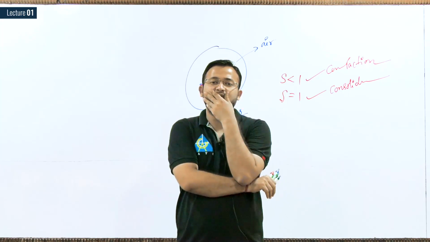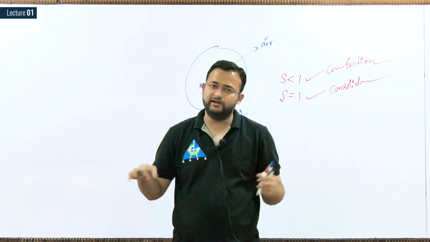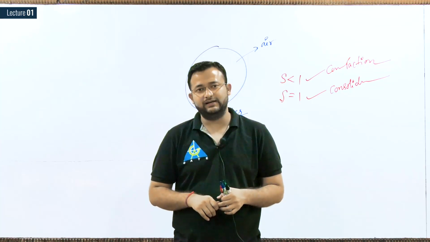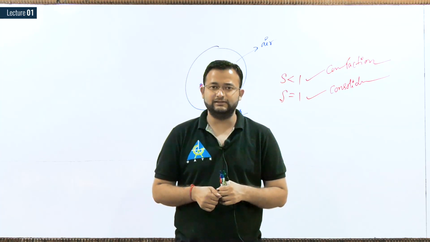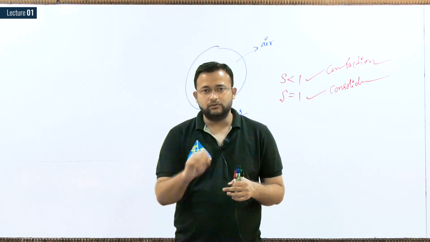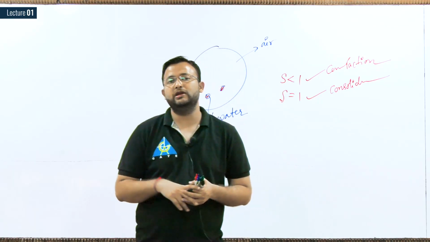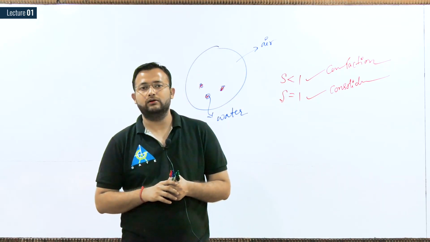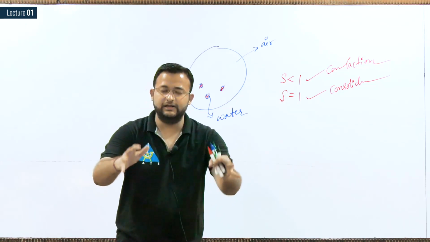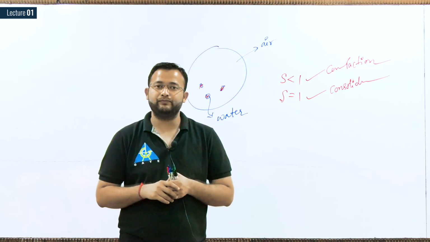But I analyzed that the consolidation will take some 10 years. I have estimated the time. How to estimate that we can discuss later, in the coming time. I have performed the calculation and seen that minimum 10 years are required to remove the water from this particular plot, from this particular soil.